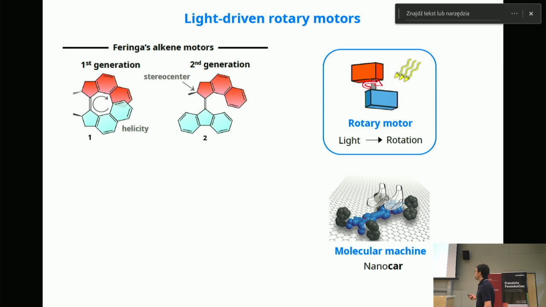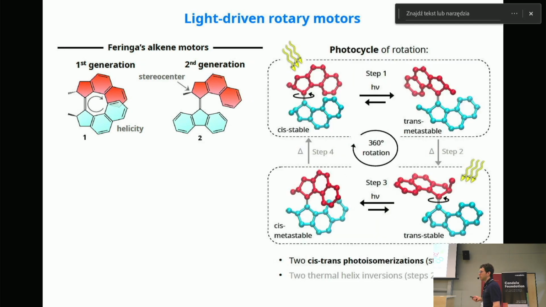These motors are called overcrowded alkene motors, and they are generally made of two moieties connected by a carbon-carbon double bond. The operational mode of these motors consists of four main steps. We have two photochemical reactions called the cis-trans photoisomerization, in which we have the isomerization of the central carbon-carbon double bond.